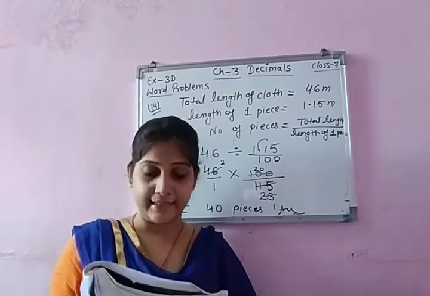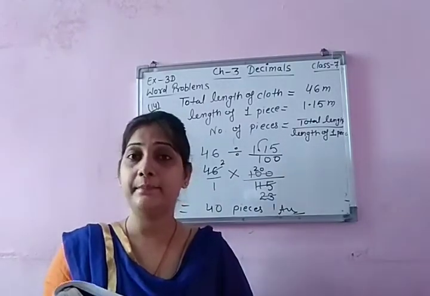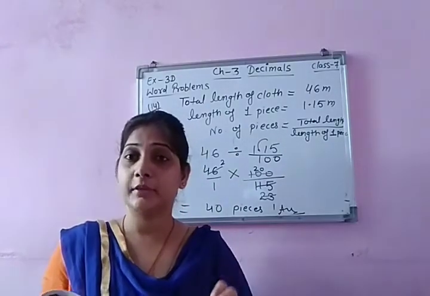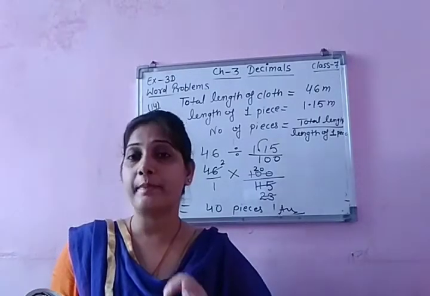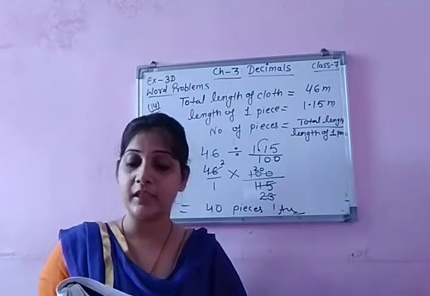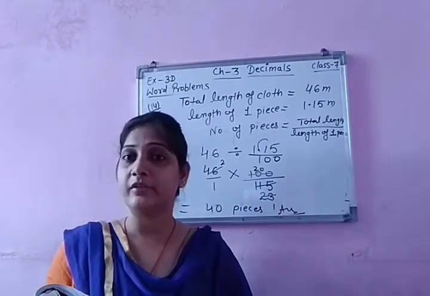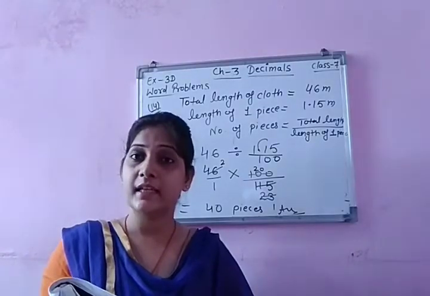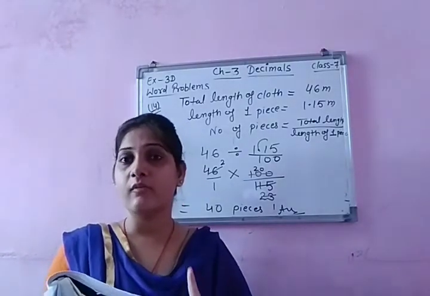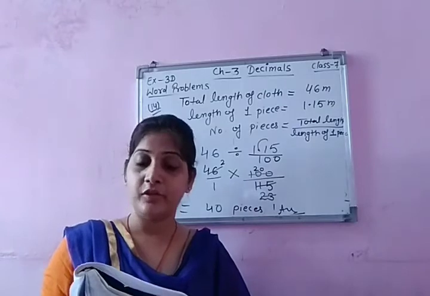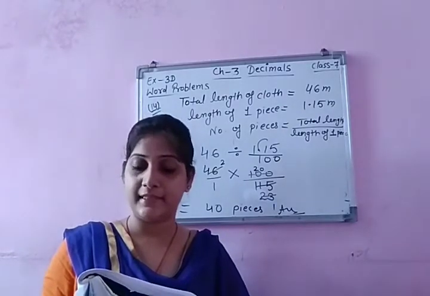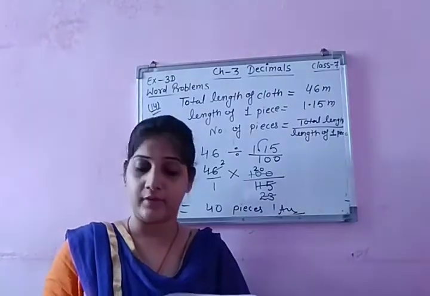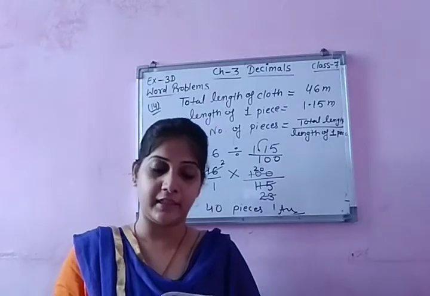Okay, so the number of bags you have to find. Question number 16: how many pieces of plywood? It means we have to find the number of pieces of plywood, each 0.35 centimeter thick. The thickness of one piece is given. You need to find how many pieces are required to make a pile 1.89 meter high.